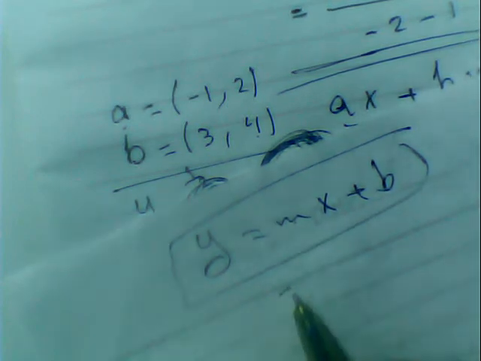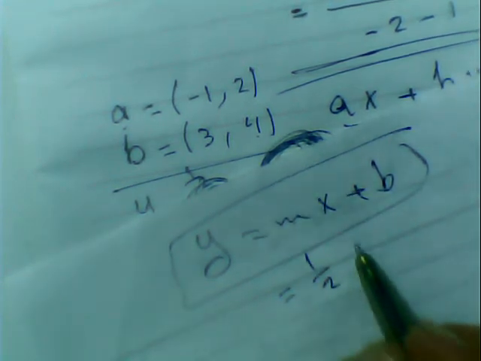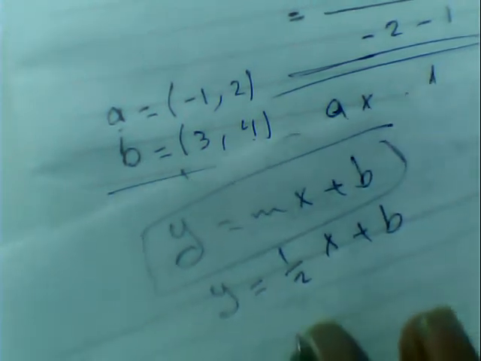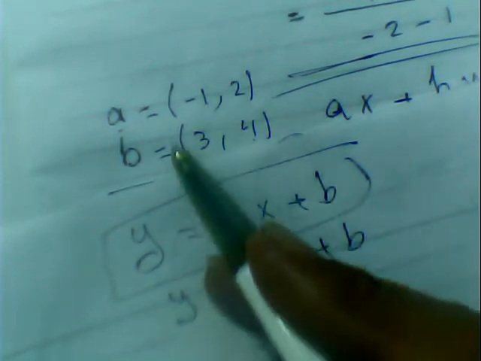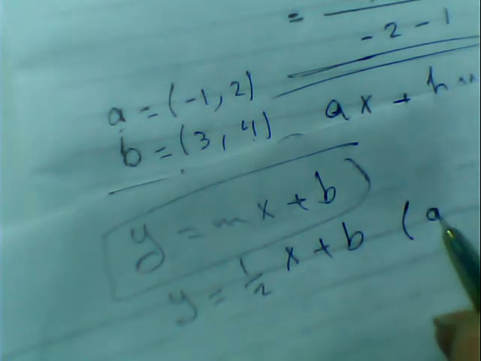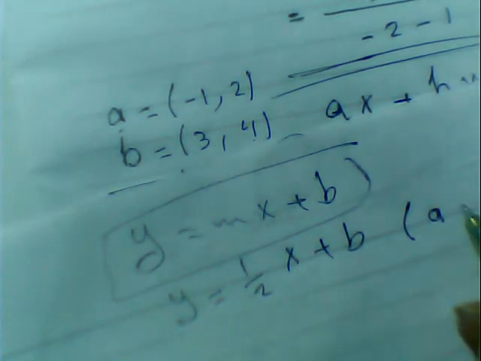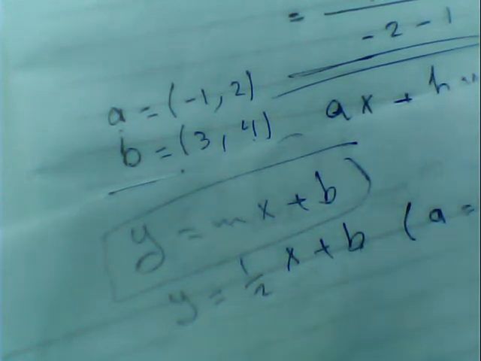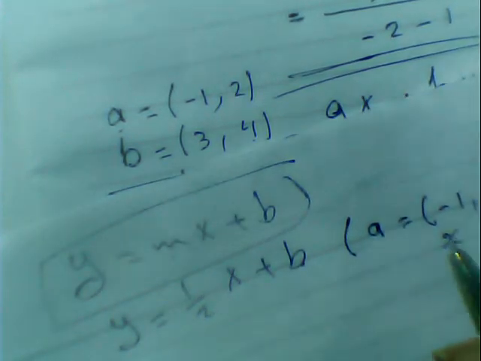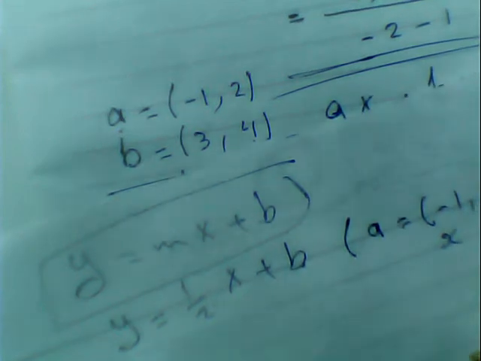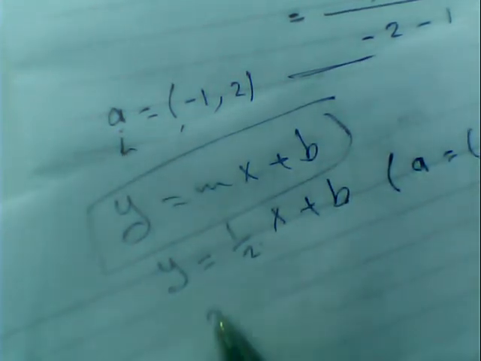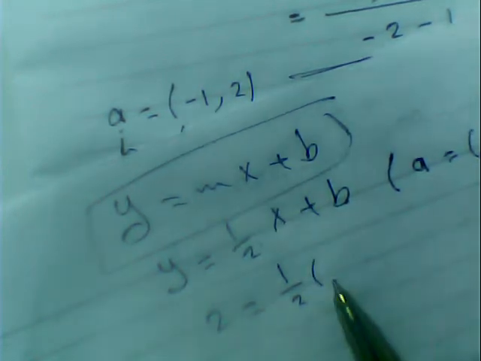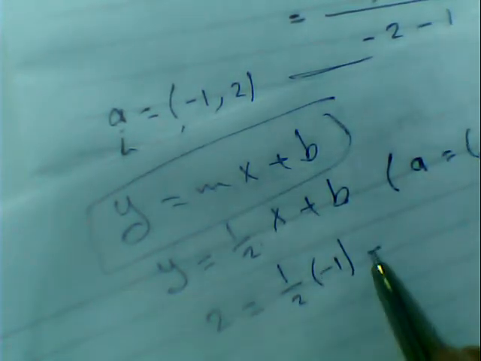We already have m equals a half, so y equals 1 over 2 x plus b. We can choose point A as minus 1, 2. How can we get b? Replace this x and this y: 2 equals 1 over 2 times minus 1 plus b.